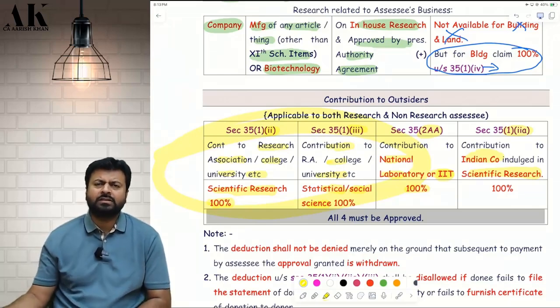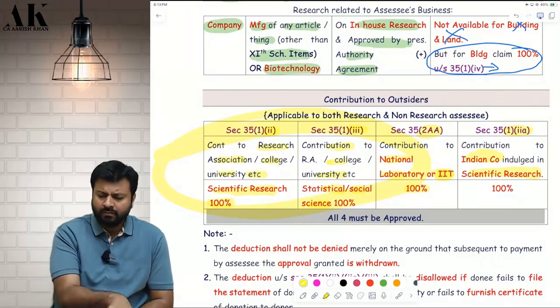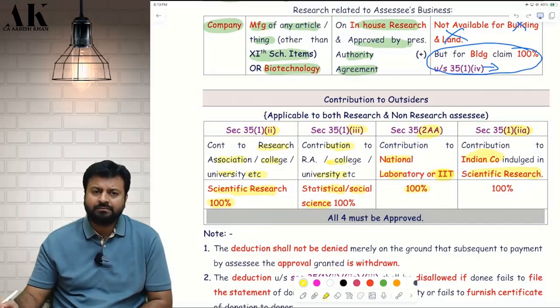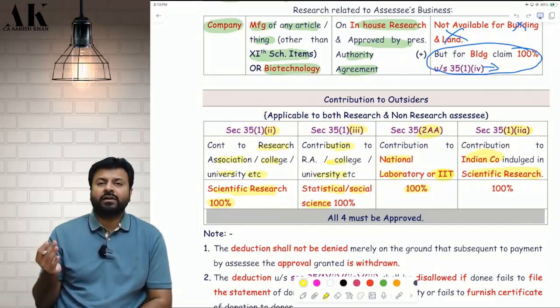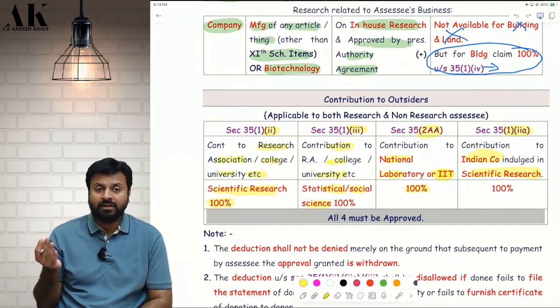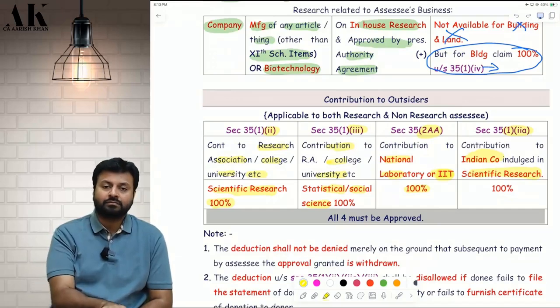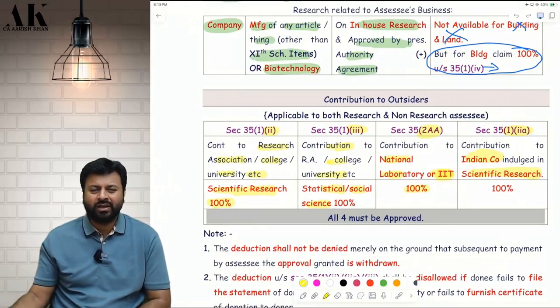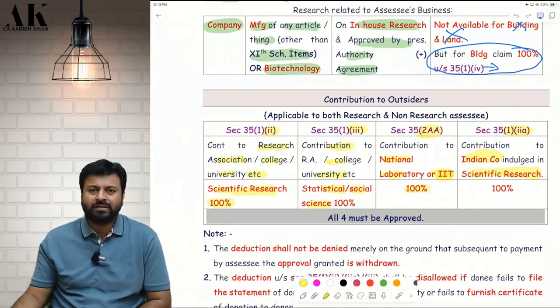Are you clear? So you will get deduction under PGBP. How much? 100%. Earlier, this was different: some was 175%, some 150%, some 125%. But now everything is 100%. Academically, it's easy for us. We don't have to remember different percentages. Are you clear?